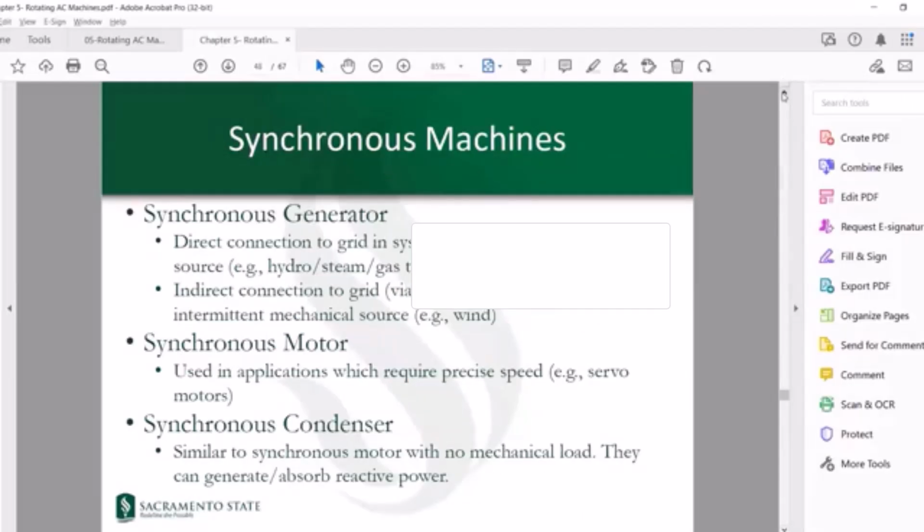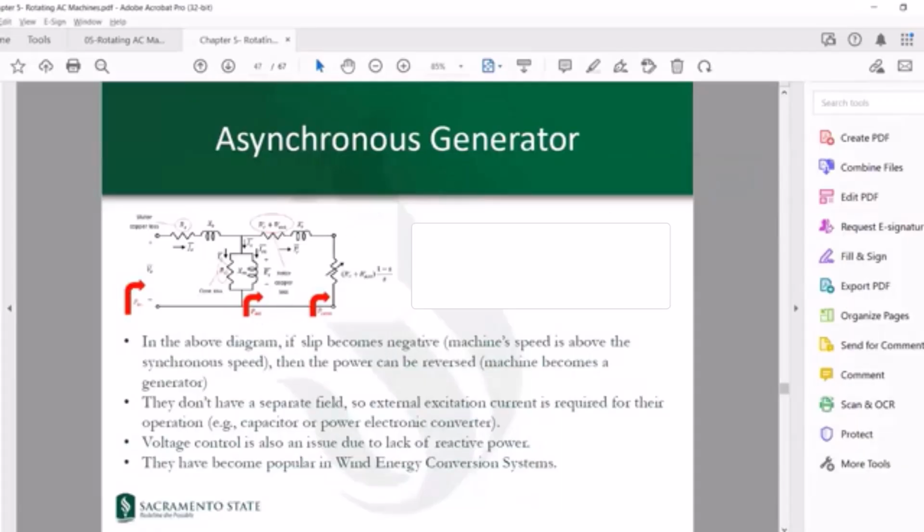So let me just go over the asynchronous generators really quick. The same way that we can utilize this machine as a motor, we can utilize it as a generator too, with one important consideration. When you have a motor, you're feeding your circuit, you're providing that excitation current that is used for the machine to operate.